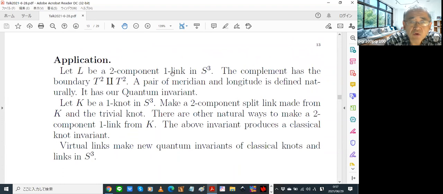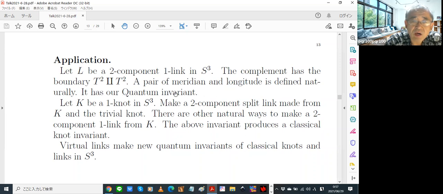Let L be a two-component link in S3. The complement has the boundary T2 and T2. A pair of meridian and longitude is defined naturally, because there are meridians and longitudes of the two components.